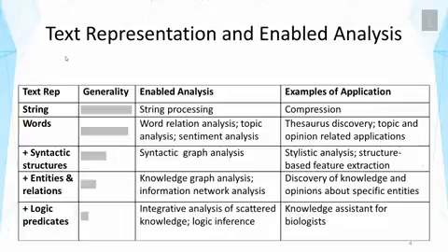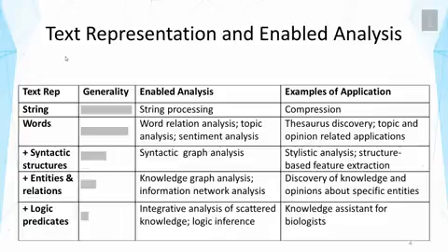When we add entities and relations, then we can enable a lot of techniques such as knowledge graph analysis or information network analysis in general. And this analysis would enable applications about entities. For example, discovery of all the knowledge and opinions about the real-world entity.